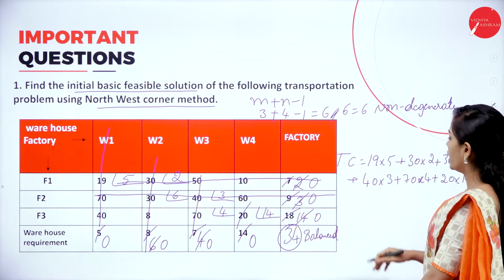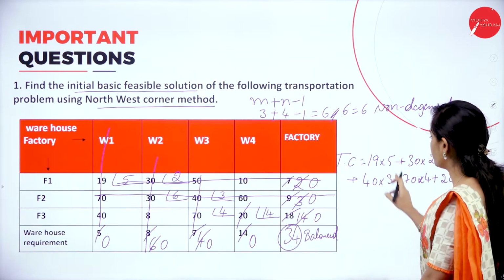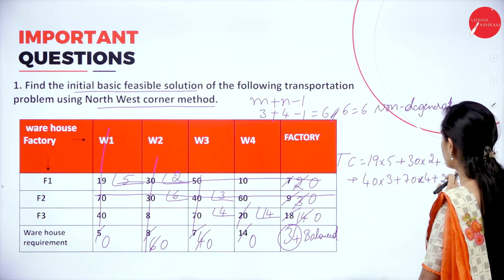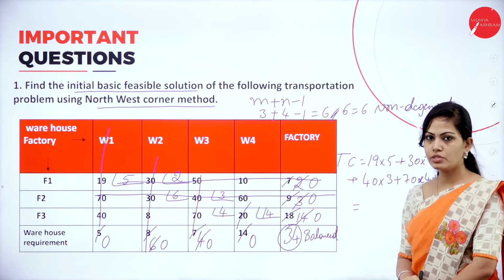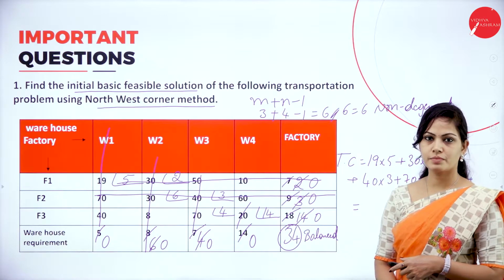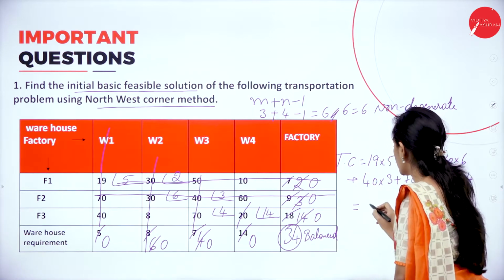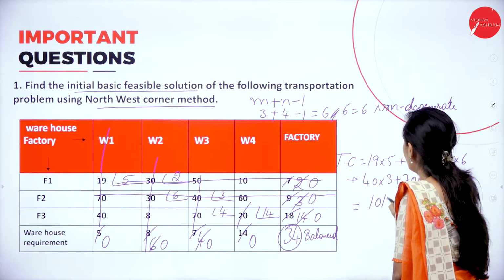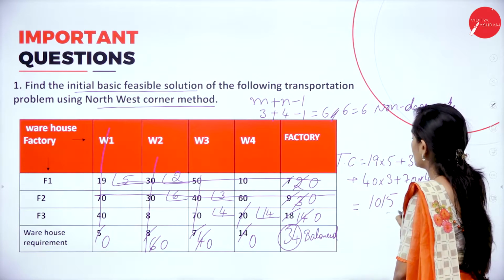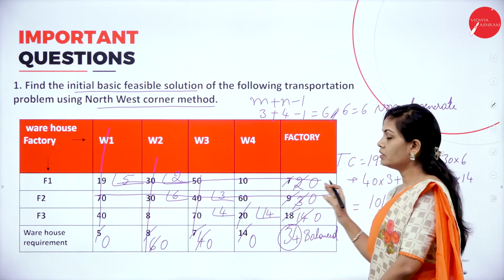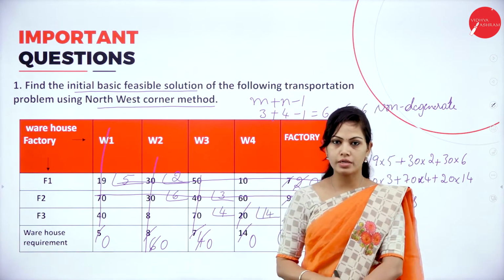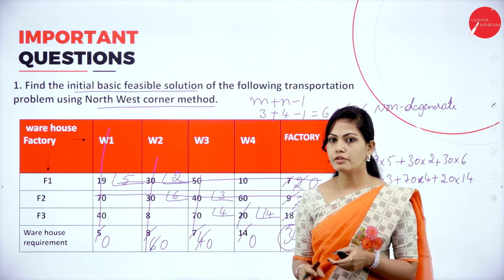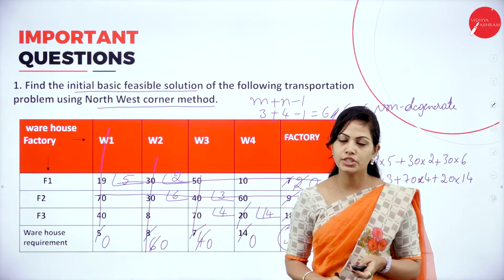So now I have written all the allocated cells. We have 1, 2, 3, 4, 5, 6 allocated cells. Now add these values, you will get the total transportation cost. So total transportation cost is 1015 rupees. With the help of this northwest corner method, we got the value of transportation cost.